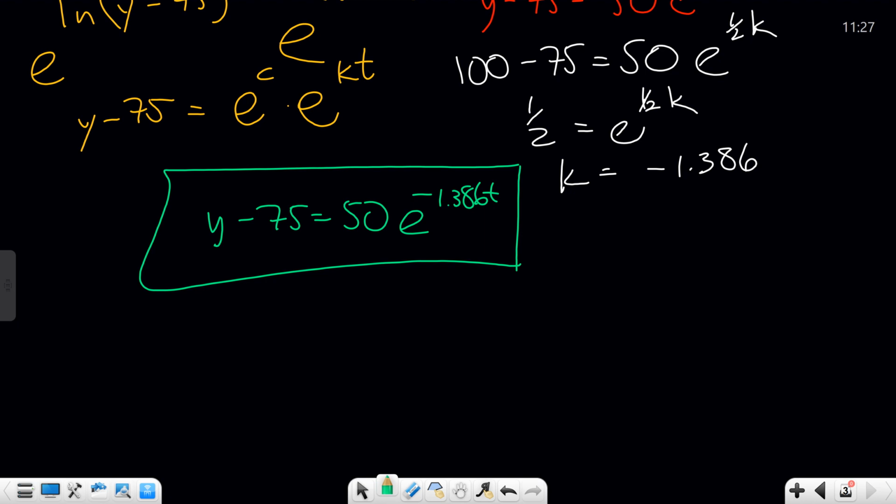Why can't it reach 65? Let me ask a two-part question. Mathematically, why can't the temperature ever get to 65? Yeah, you would end up getting the natural log of a negative number, which we know doesn't work. Chemistry-wise, why can't it be 65?